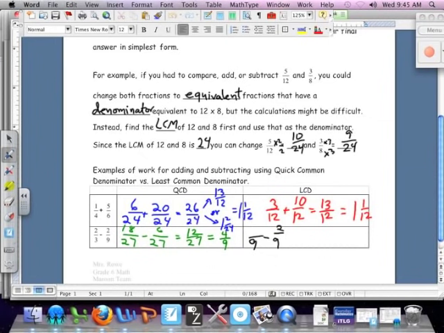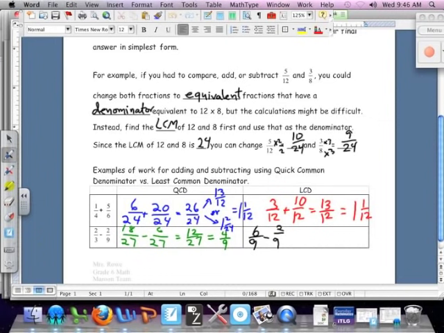2/3 is equivalent to how many 9ths? 6/9. I multiplied by 3, so I multiply the numerator by 3. So now I have 6/9 minus 2/9. What does that equal? 4/9.